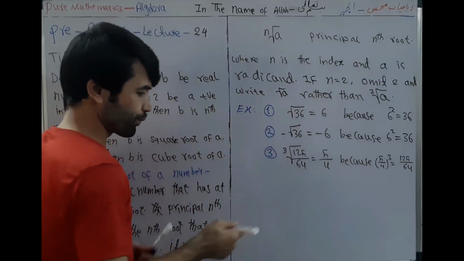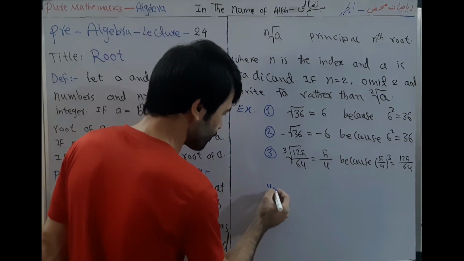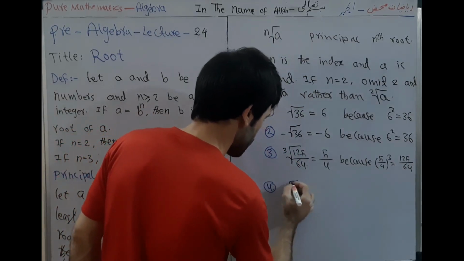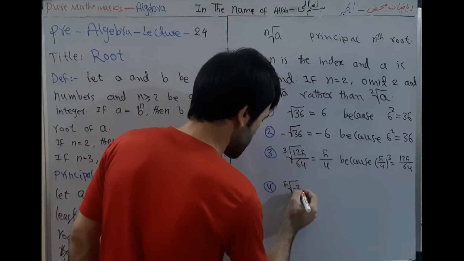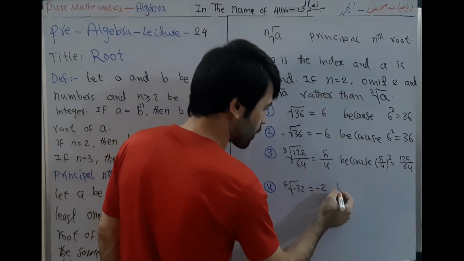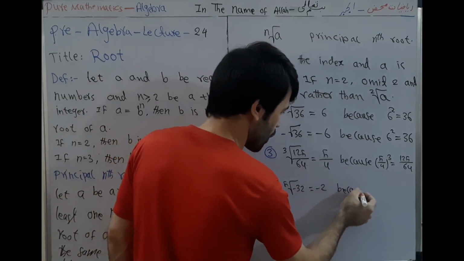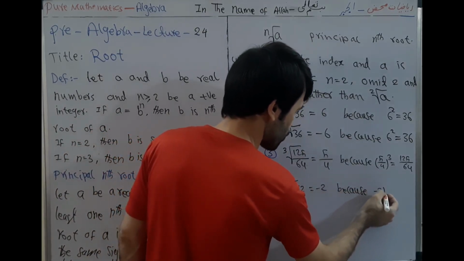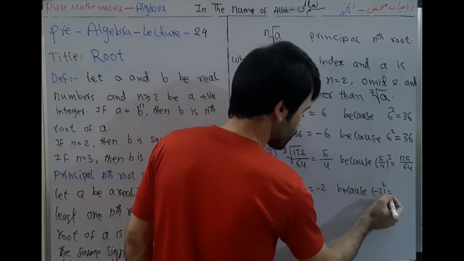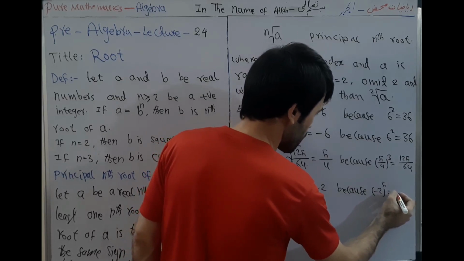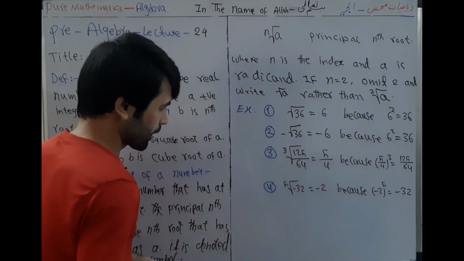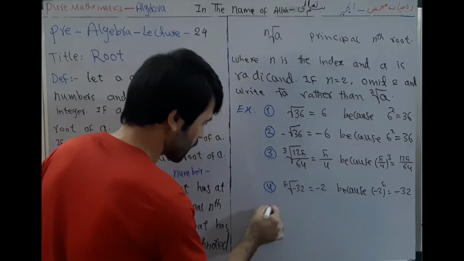Number 4: fifth root of minus 32 is equal to minus 2 because minus 2 whole to the power 5 is equal to minus 32.